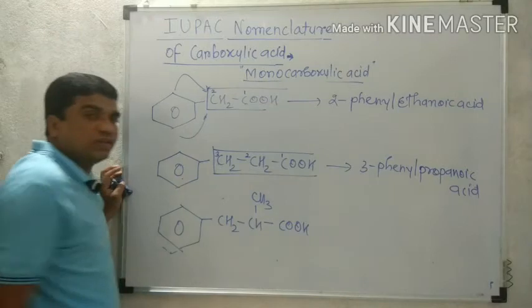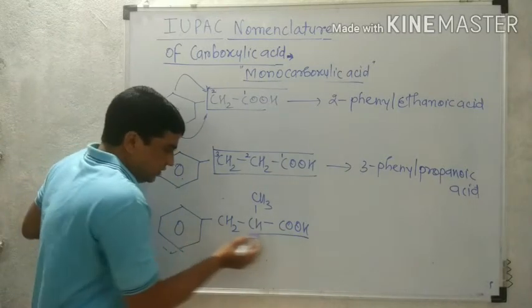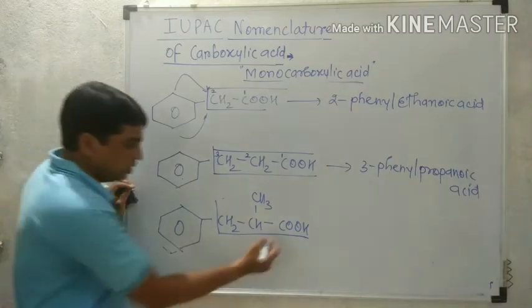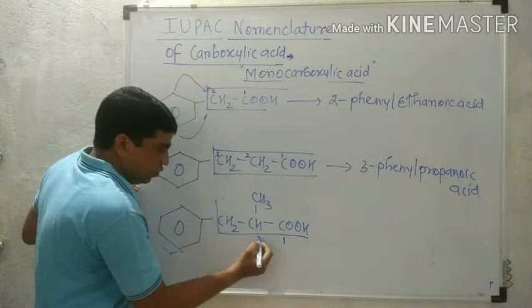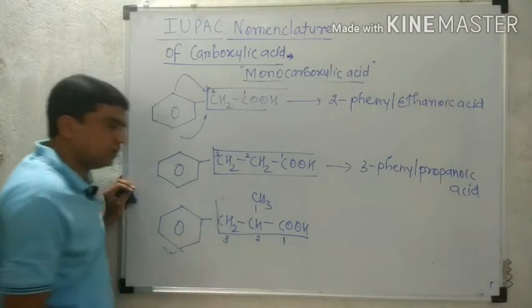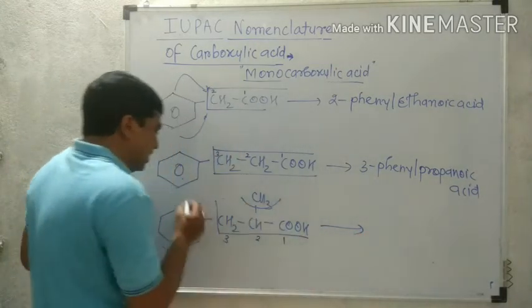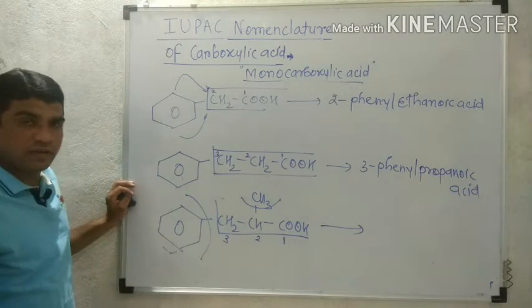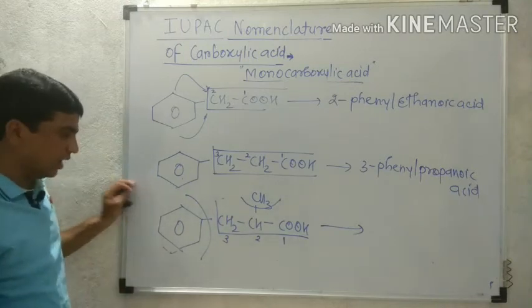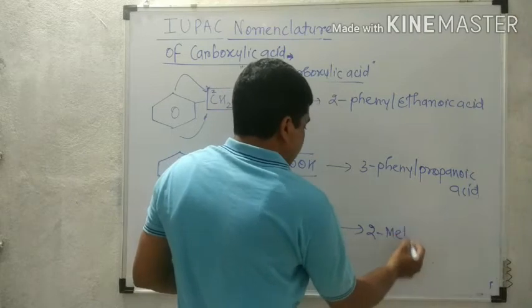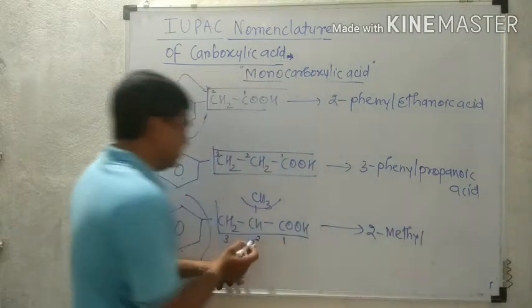Again, if the structure is like that, attached with benzene, here CH, CH3, COOH. What for this structure? This is the parent structure, including COOH. Numbering from COOH, 1, 2, 3. The structure contains two substituents, that is methyl and phenyl. Therefore, according to alphabetical order, write methyl first. 2-methyl, where the methyl is located at the second carbon.